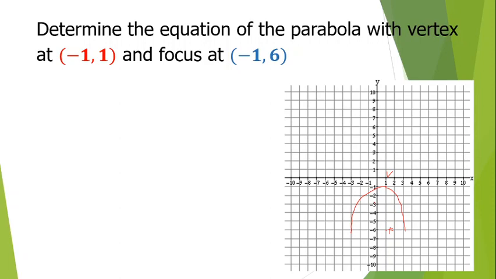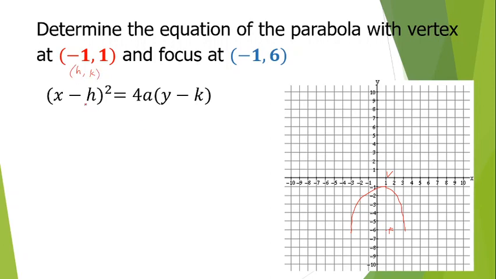In this case, we could have an equation in the form (x - h)² = 4a(y - k). This is the standard equation of the parabola if the opening of the parabola is upward or downward. Our vertex is (h, k).